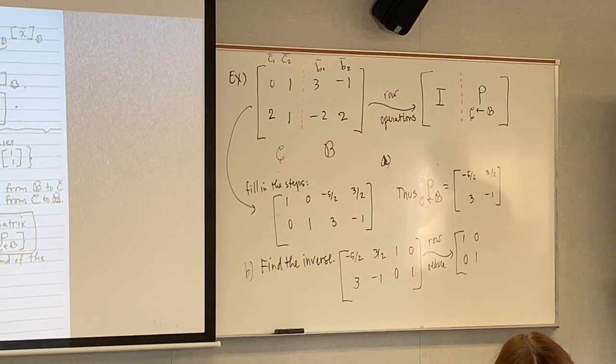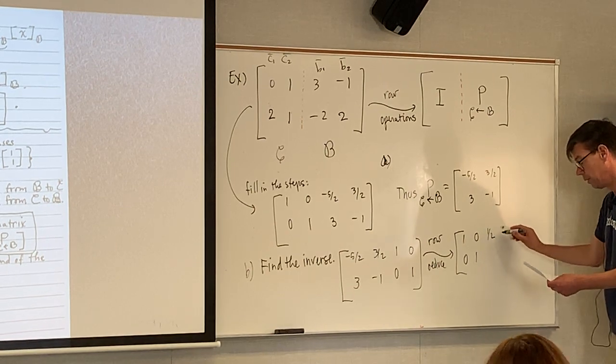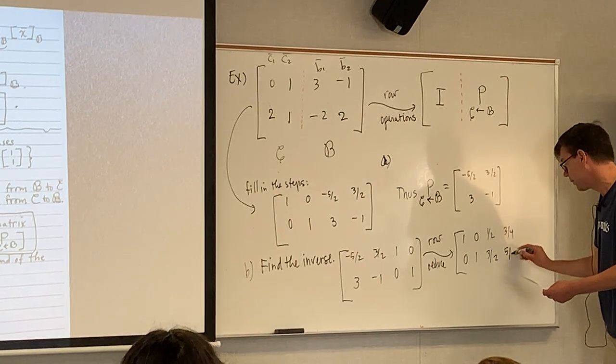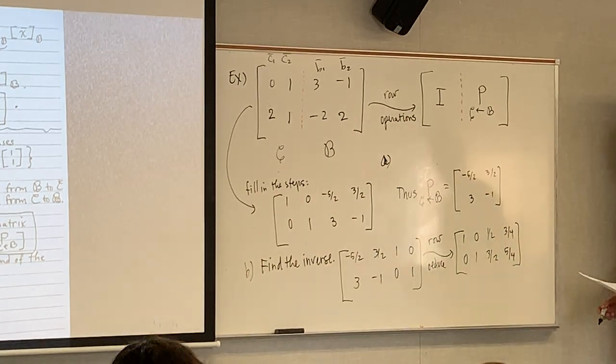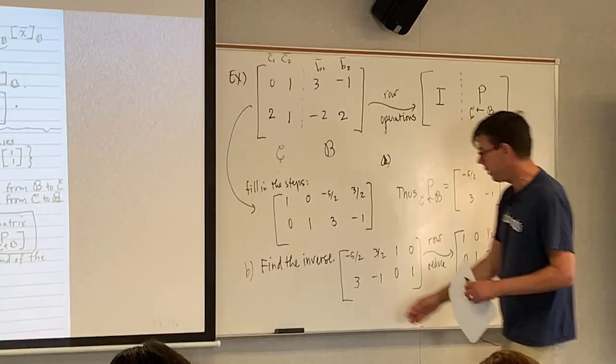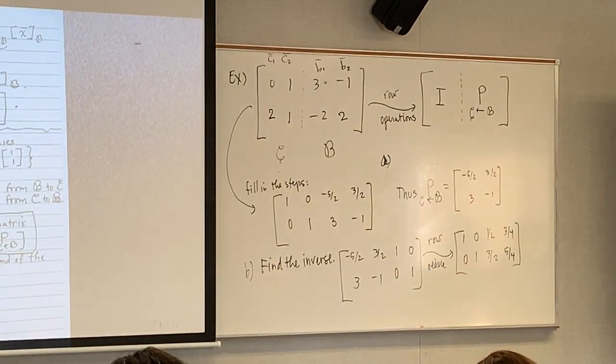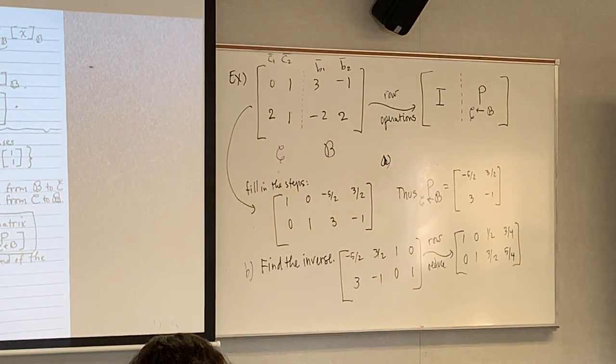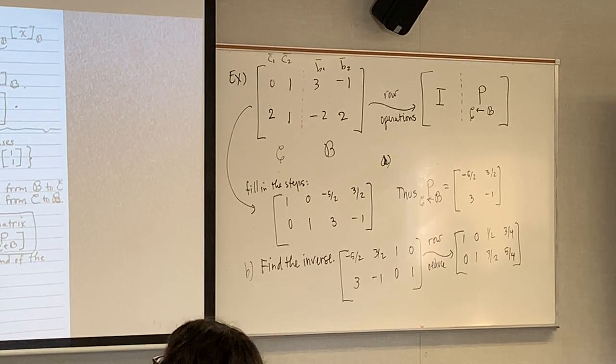And I get 1/2, 3/4, 3 halves, 5/4. So that's actually my answer for part B. And it kind of makes sense: if you multiply these two together, you get the identity matrix.